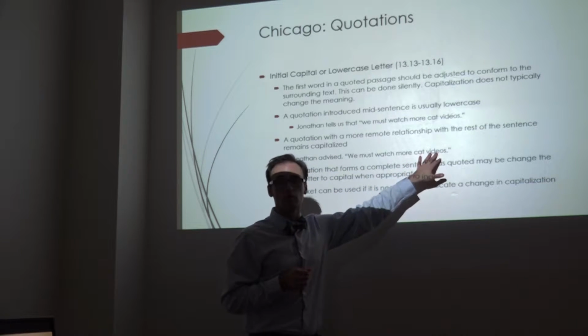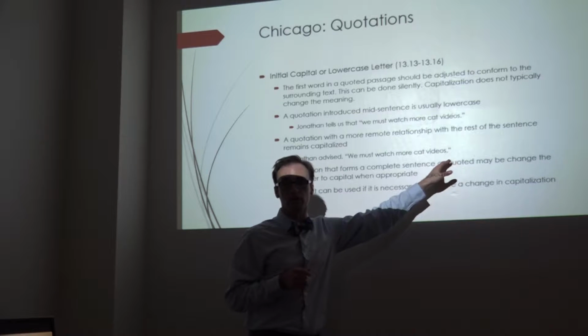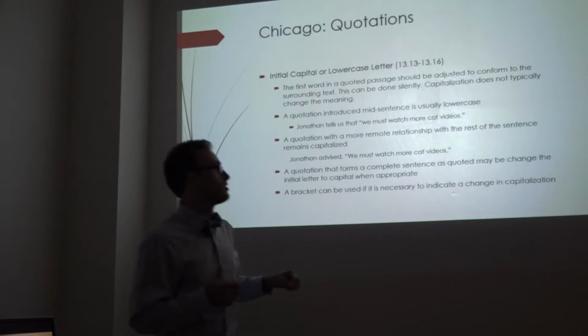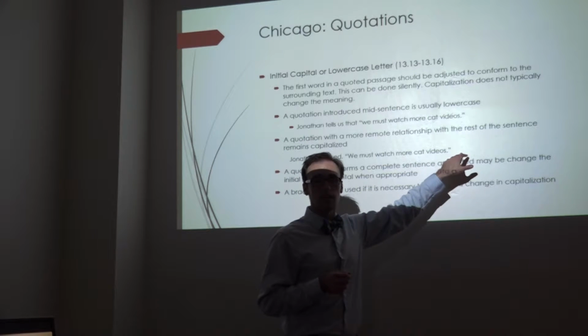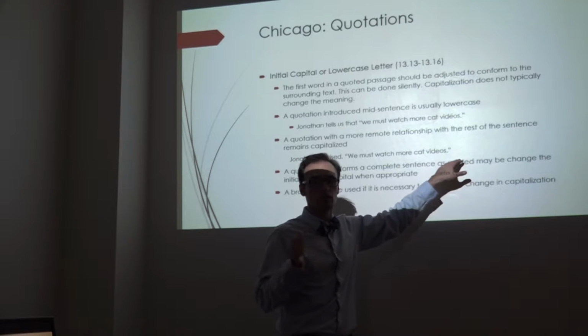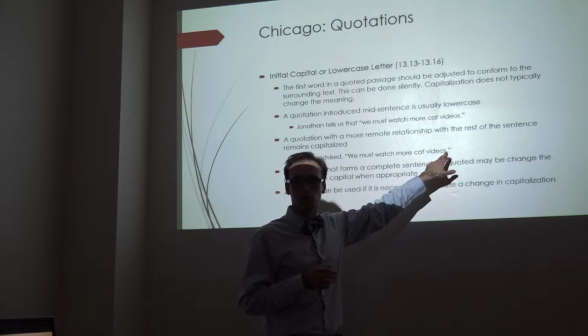If there's more to the quote, when I put my footnote, I can say the complete quote reads. Never put an ellipsis, a dot, dot, dot, at the end of the quote. An ellipsis sometimes indicates that there's more to the quote that was left out. In Chicago style, just put a period.